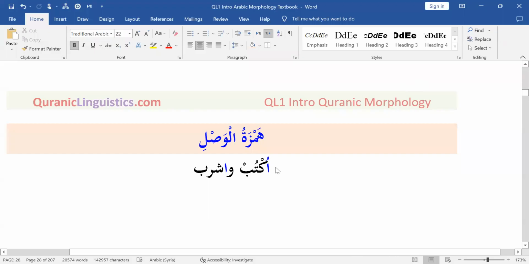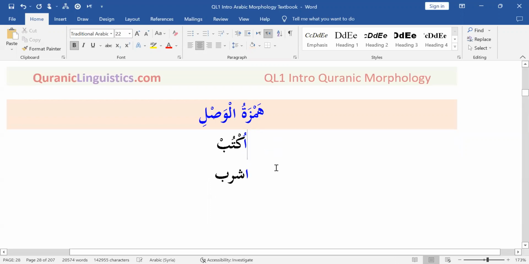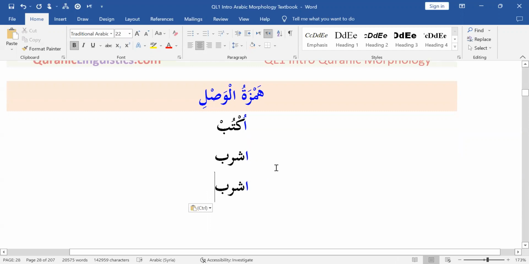So what is this thing called Hamzatul Wasl? Why is it called Hamzatul Wasl when we don't even see a hamza? In fact, what we see is an alif. So if you look at uktub, and you look at ishrab, for example, and let's take another verb, idrib.